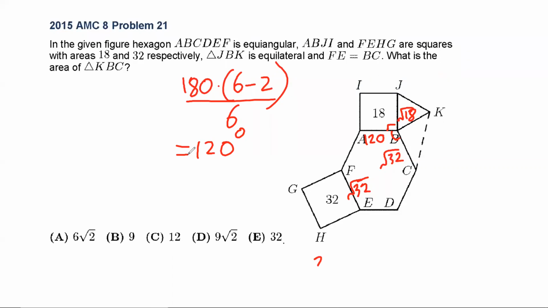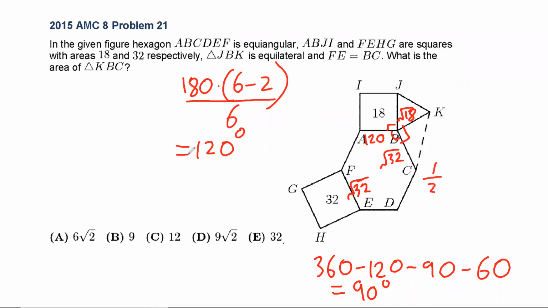So 360 minus 120 minus 90 minus 60 will give us 90 degrees, I believe, which means that angle KBC is a right angle.